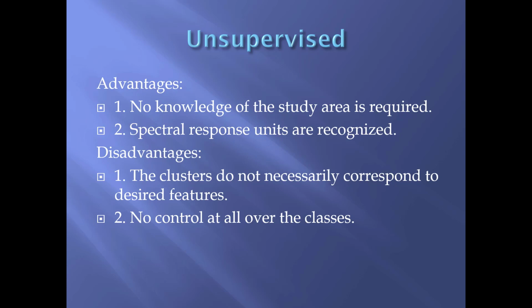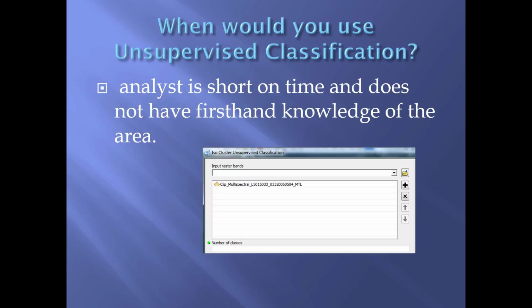When you compare supervised versus unsupervised, let's think about unsupervised advantages. You don't have to have any knowledge of the study area before you perform your analysis, and the spectral response units are automatically recognized by the computer. The disadvantages are that the clusters do not necessarily correspond to desired features, so the computer might put digital numbers together that don't represent an actual class in the real world, and you don't have any control over the classes that are created.